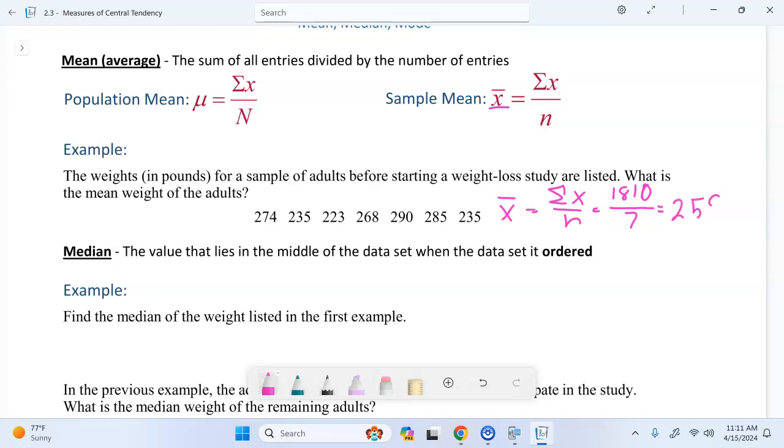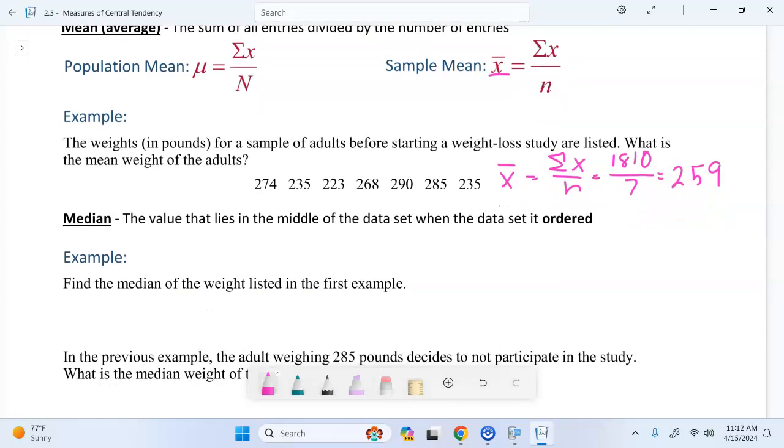If we round to the nearest whole number, remember, pay attention to rounding. If we round to the nearest whole number, we get 259 or 258 points, depending on what you're rounding to. So that's our mean. It's what we most commonly think of when we look at average.